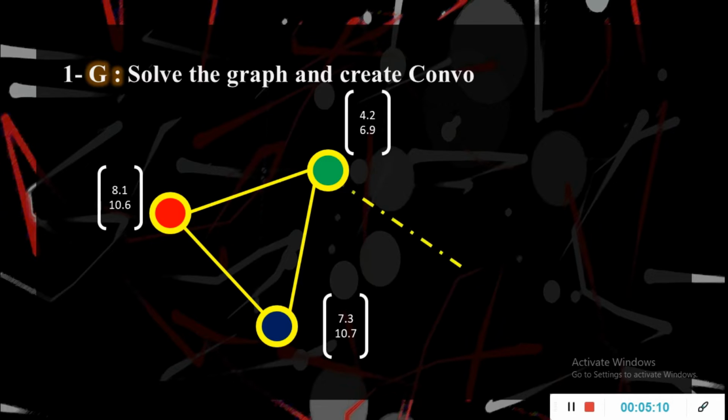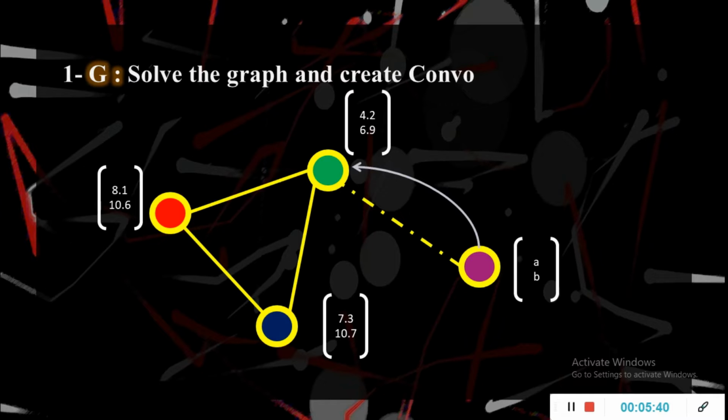Suppose there is another node having a vector like a b. In the first message passing, the red node has the information regarding the green and blue nodes, not about that newly added node. So this information needs to reach the red node, and we have to do message passing 2 times.